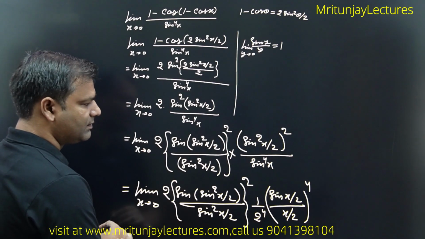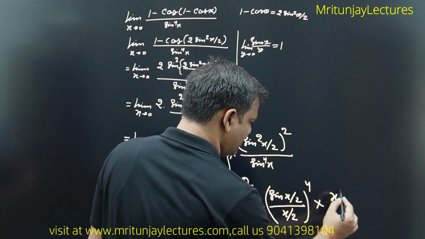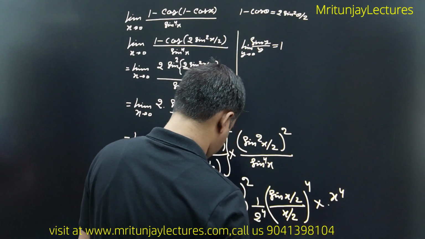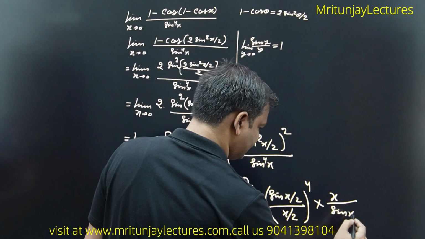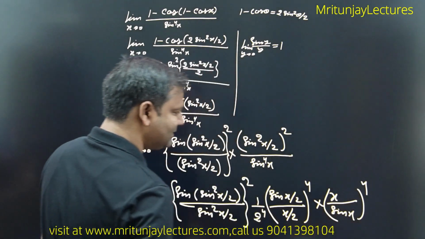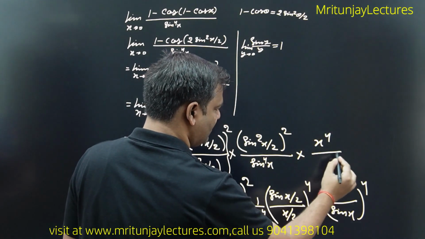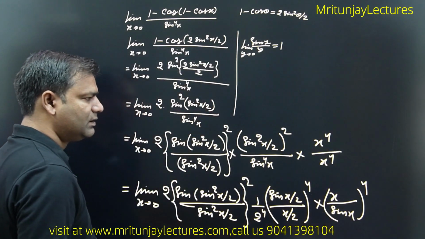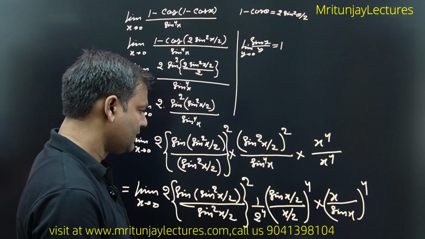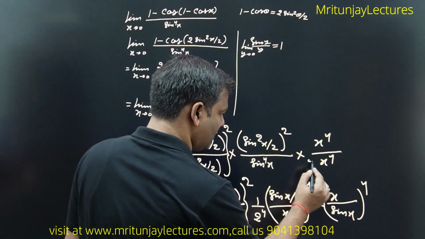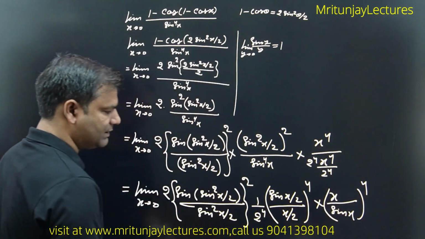Basically, x to power 4 upon x to power 4 is multiplied and divided here, and 2 to power 4 divided by 2 to power 4 is written here.